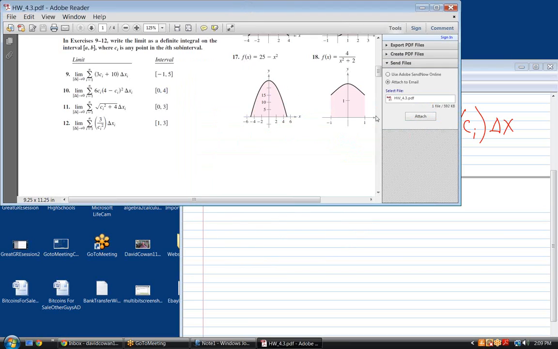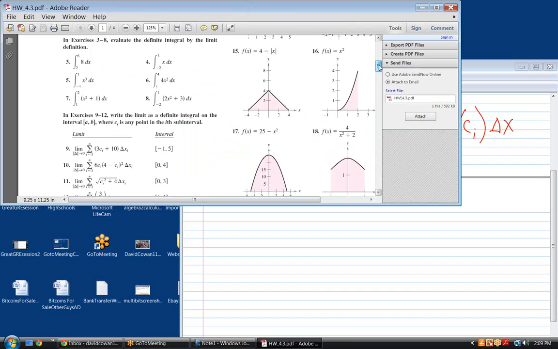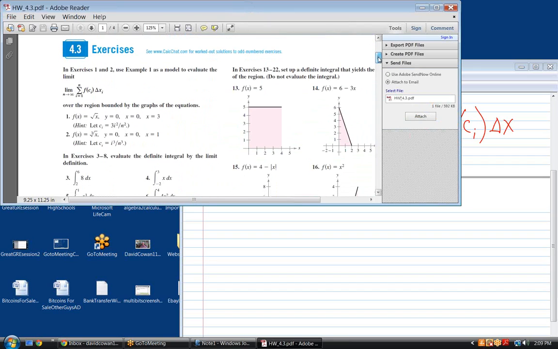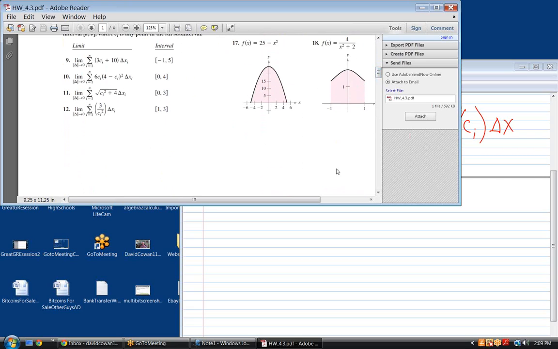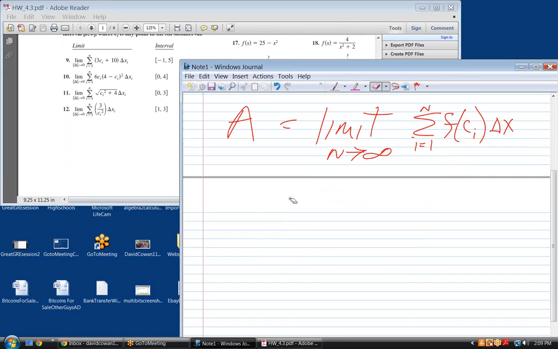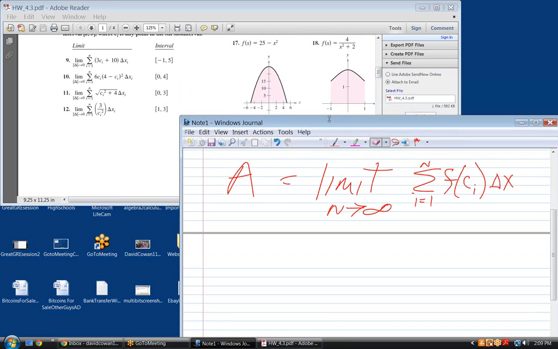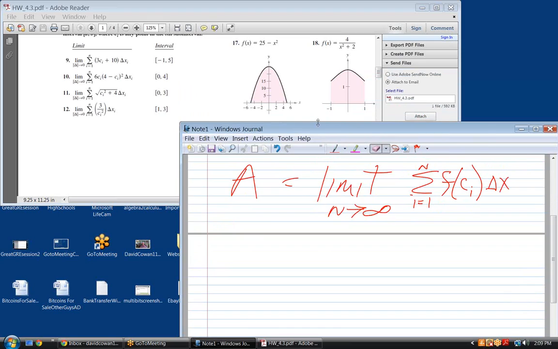17, let's look at 17. Set up a definite integral that yields the area of the region. Do not evaluate the integral. How are we going to figure out the area under this curve with a definite integral?